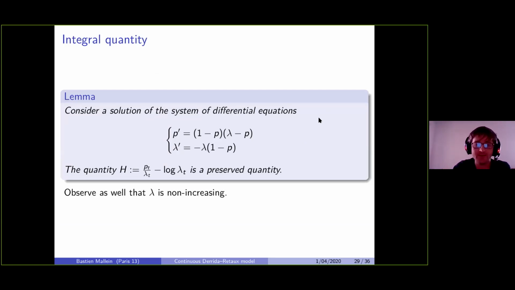And it's also quite natural to see that lambda has to be non-increasing because lambda prime is negative, right? So I have a two-dimensional system of ordinary differential equations, a preserved quantity, and I know that lambda is non-increasing. So it means that I can draw the phase diagram of my system.